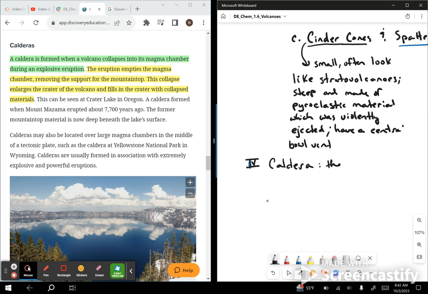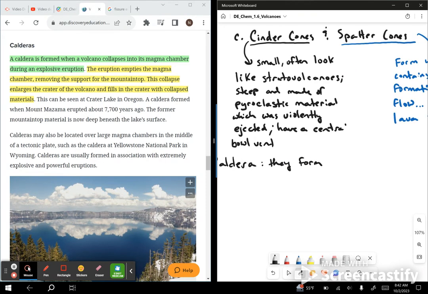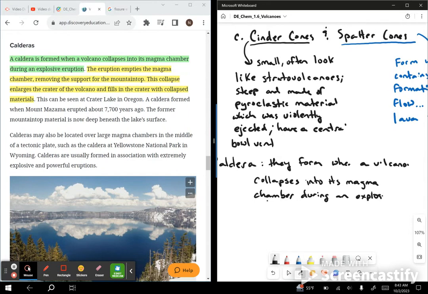They form when a volcano collapses into its magma chamber during an explosive eruption.